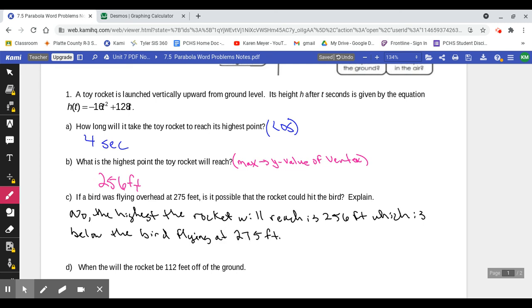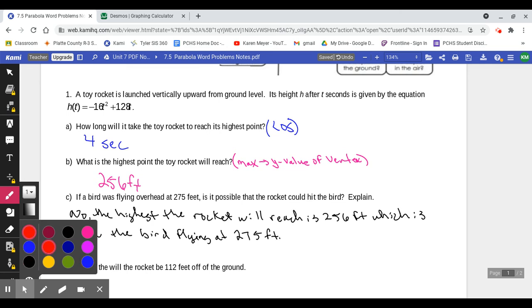Okay, you must explain. It does say explain, so you can't just put yes or no. If you only put yes or no, you won't get full credit. So please make sure you include the explanation part along with it.